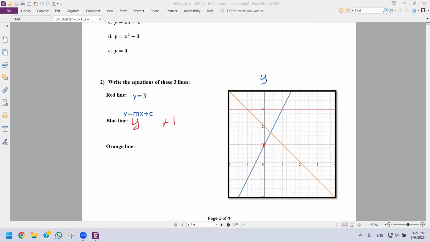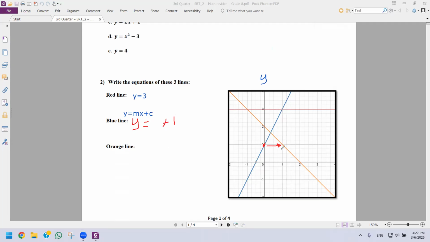This is y equals to. Now what do I need? I need to know m so I can write it next to x. M is the slope. How do I find it? From the y-intercept, I go one step to the right. So I went from 0 to 1. After I go one step to the right, I need to go towards my line. Is it up or down?